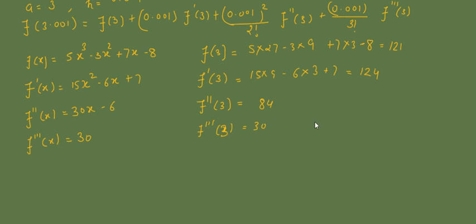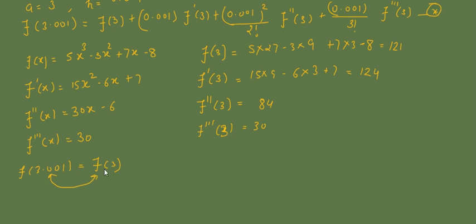Now the third derivative is independent of x, so you can use it as such. So now put all these values in this equation, call this equation star. So what we have: f of 3.001 is equal to, just retain f of 3 as it is. No need to put this value because we have to compute the difference of these two.